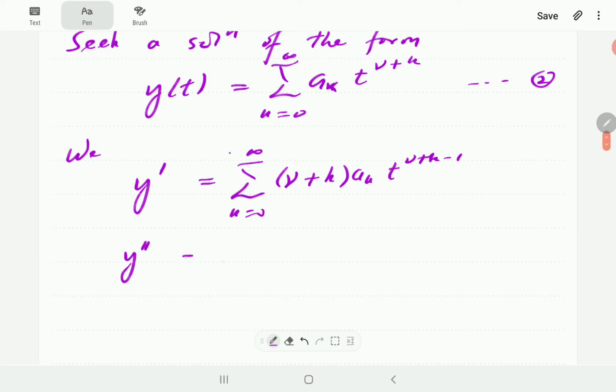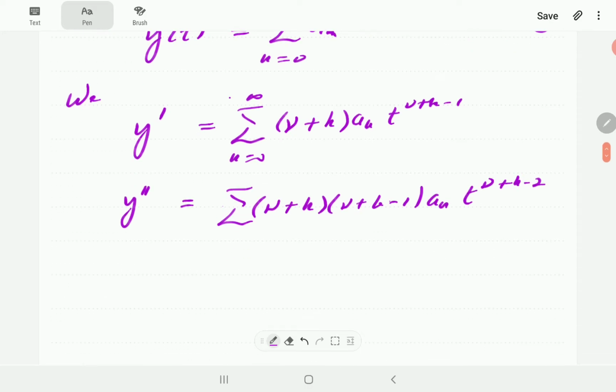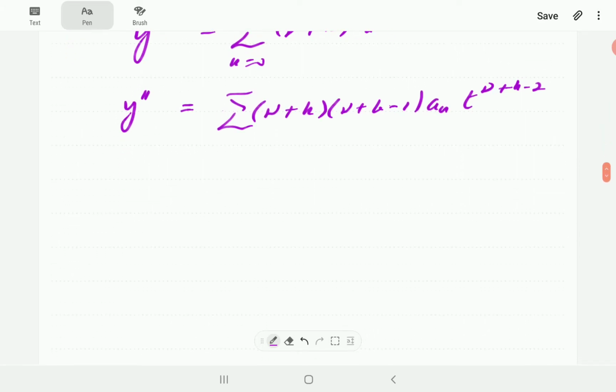Then the second order derivative is going to be the summation of (nu plus k)(nu plus k minus 1) a_k t to the power nu plus k minus 2. Okay, then we are going to substitute into the ODE, equation number 1.